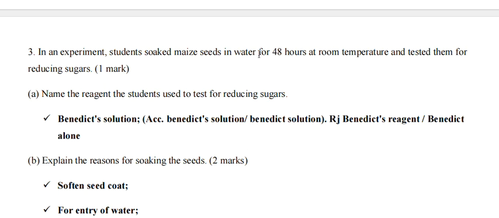Part 3, or question 3: in an experiment, students soaked maize in water for 48 hours at room temperature and tested them for reducing sugars.